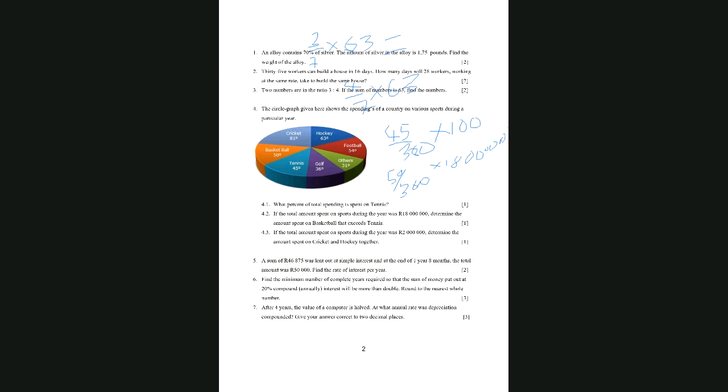Then for tennis, we can see that it is 45 over 360, also times 18 million.